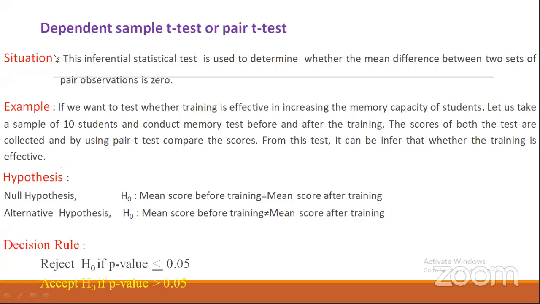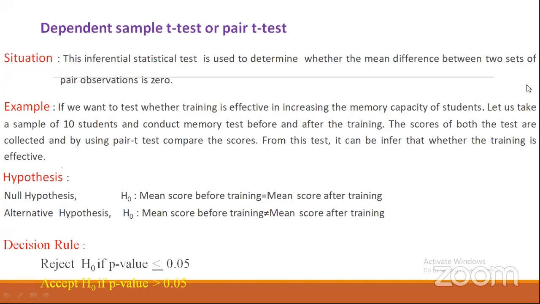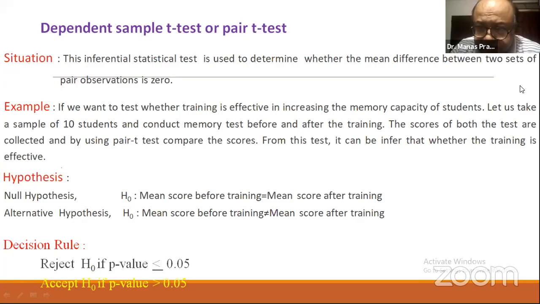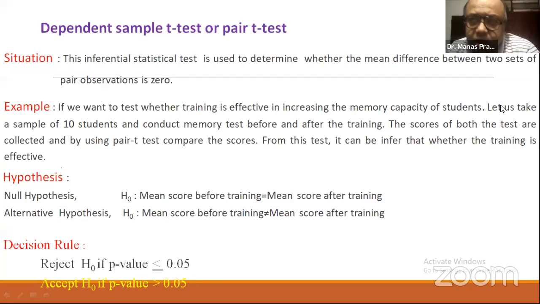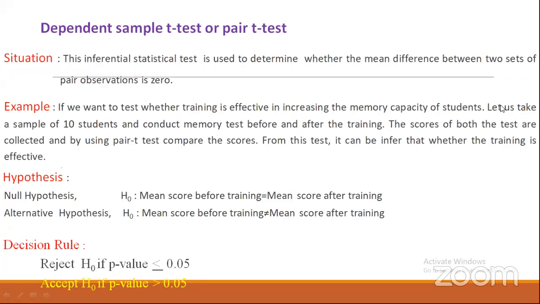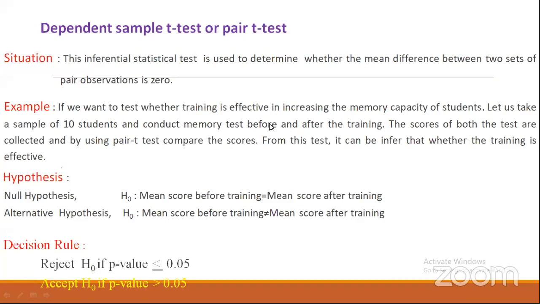For example, if we want to test whether training is effective in increasing the memory capacity of students, we can take a sample of 110 students and conduct a memory test before and after the training.